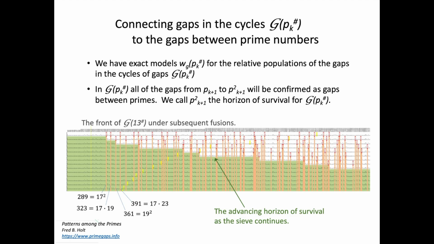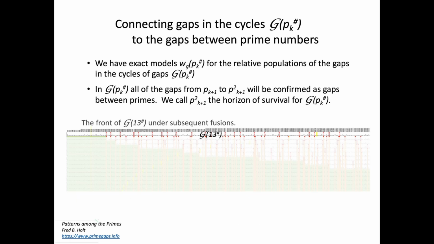Let's look at an example of the horizon of survival and how it advances. Here we have the front of the cycle of gaps for 13 primordial. The cycle itself has 30,000 gaps, so this is the first few hundred gaps shown here. Up top we have the front of the cycle itself. Under the recursion that produces the cycle for 17 primordial, the first fusion will take place at 17 squared, and there will be a few other fusions along the way.